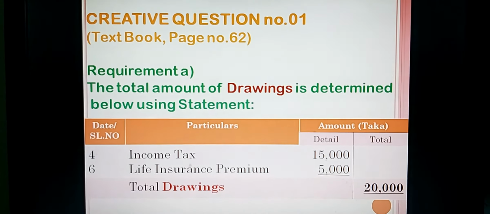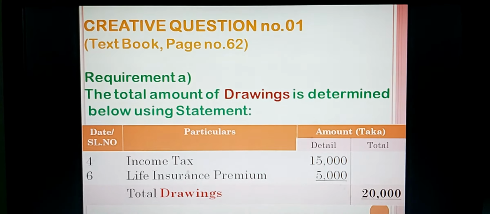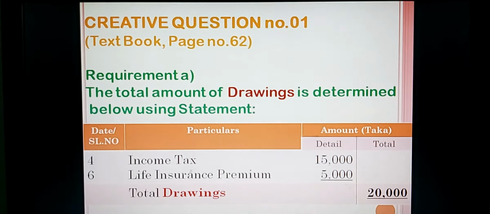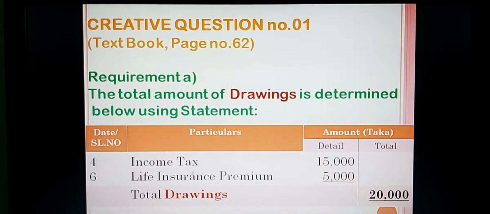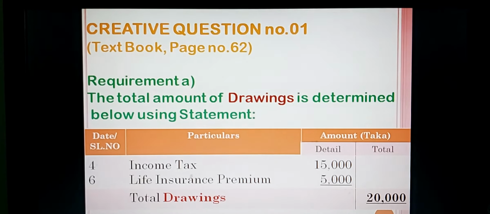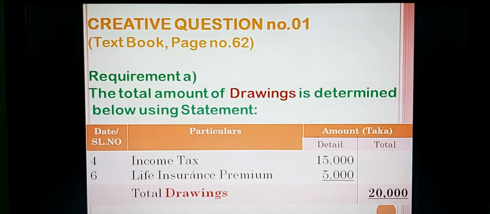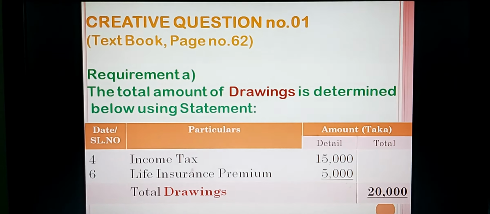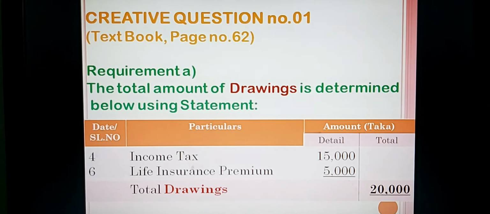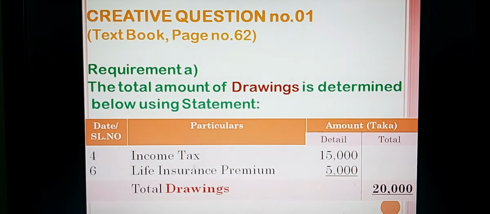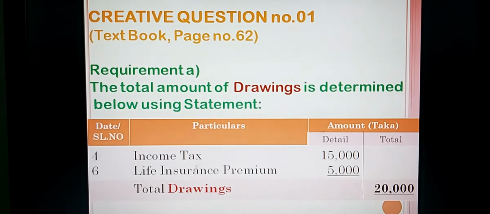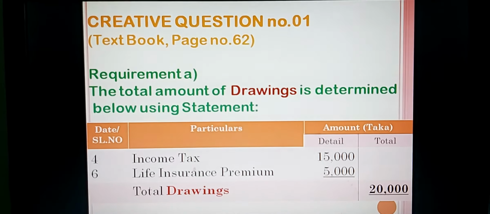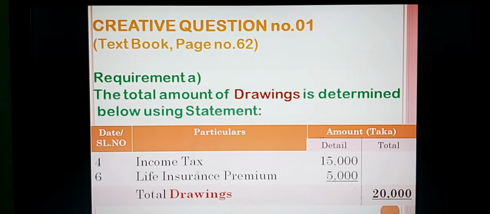Drawings amount are related to cash drawings, goods drawings, income tax, and life insurance premium or personal expenses of the owner. So in this question, two items are related to drawings, that is income tax for taka 15,000 and life insurance premium taka 5,000.